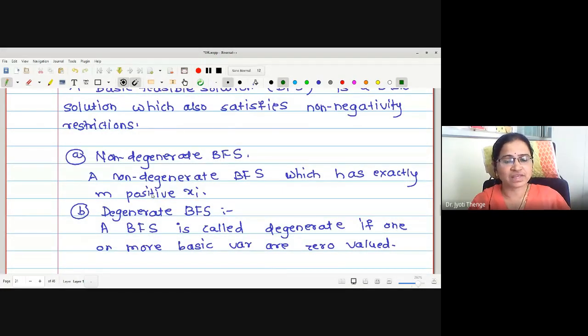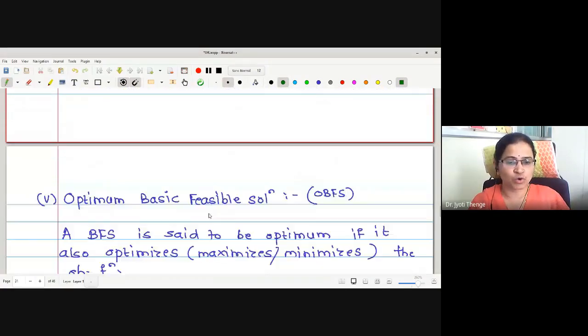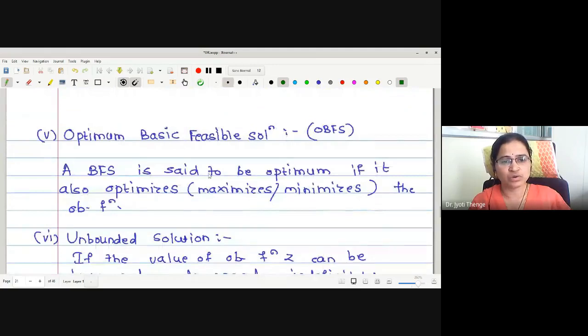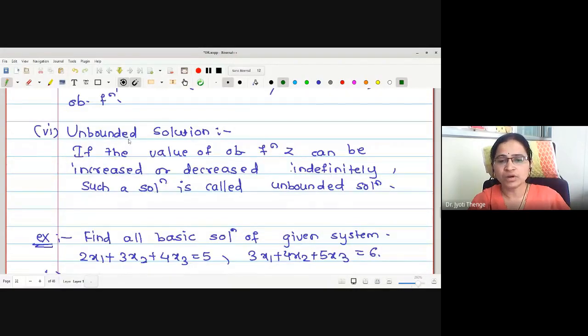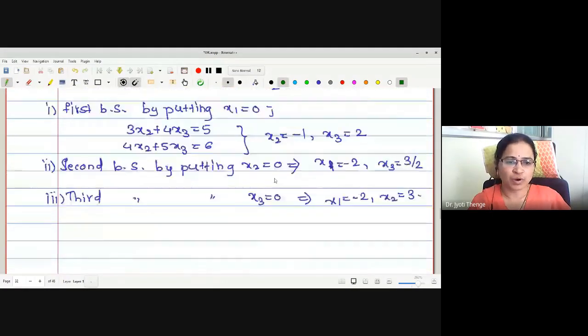Non-degenerate means we have exactly m positive x. Right? In degenerate, one or more basic variables have zero value. Optimum basic feasible solution is the basic feasible solution which gives us the optimum value. Right? Unbounded means the value of the objective function can be increased or decreased indefinitely. It is called an unbounded solution.